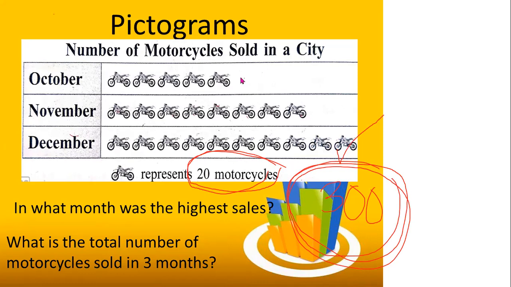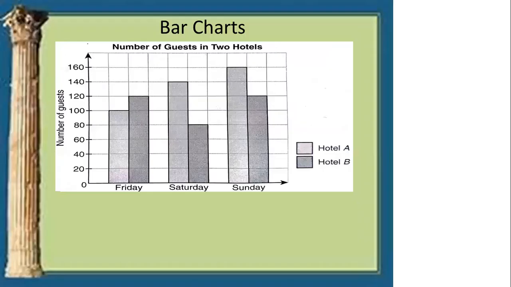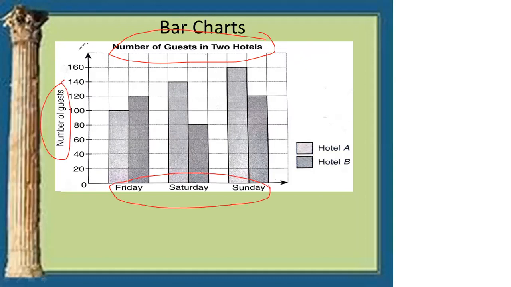And let's now go to bar chart. Remember, in a bar chart, we know the basic parts. So recall, we have here the title, the legend, and of course, you have the scale. Now, remember that the scale should be uniform.